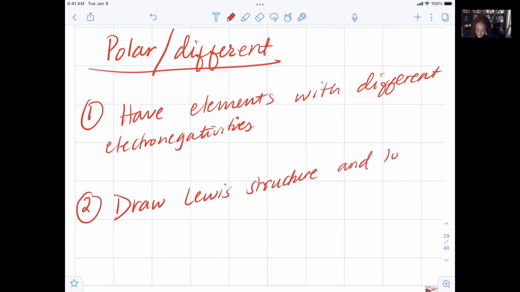Number 2, it helps if you draw the Lewis structure and look for the following. So you want to draw the Lewis structure because you're trying to look for the following.